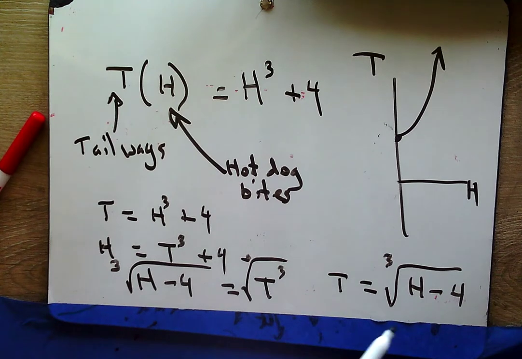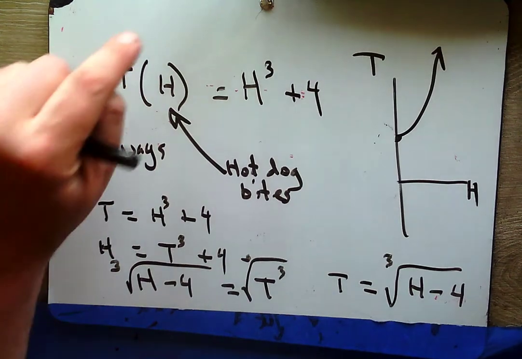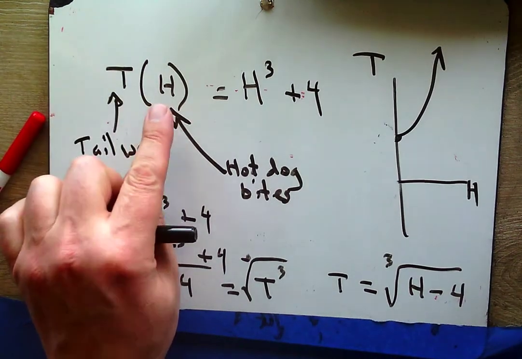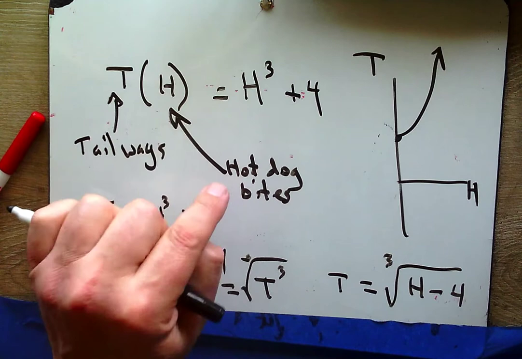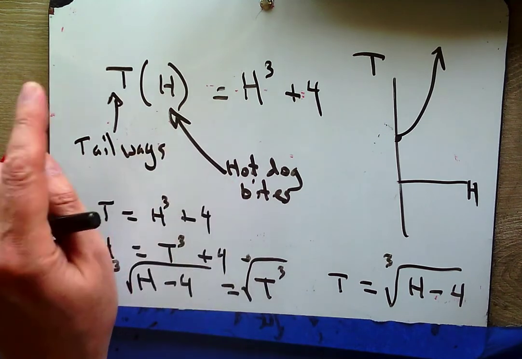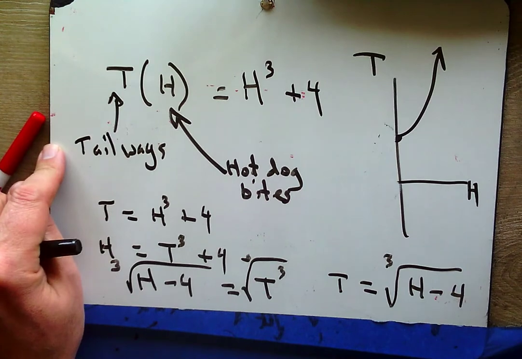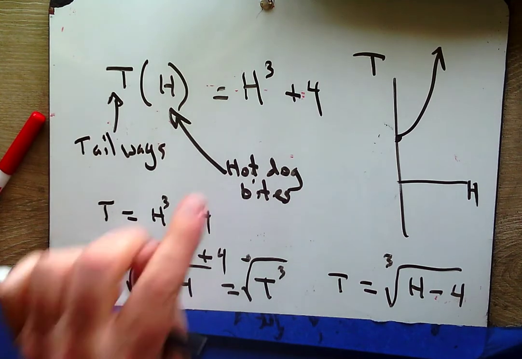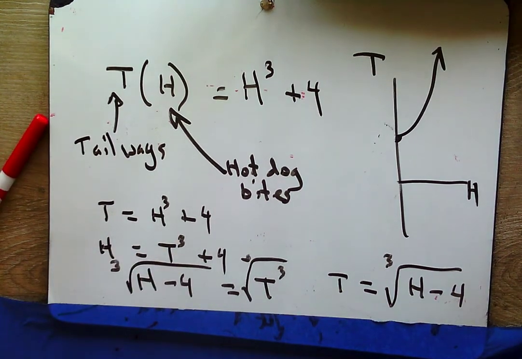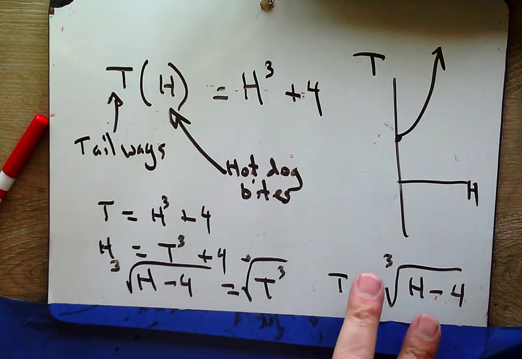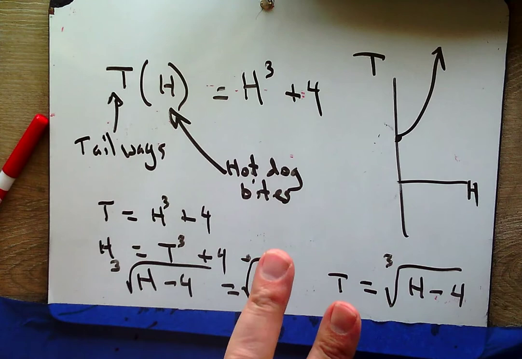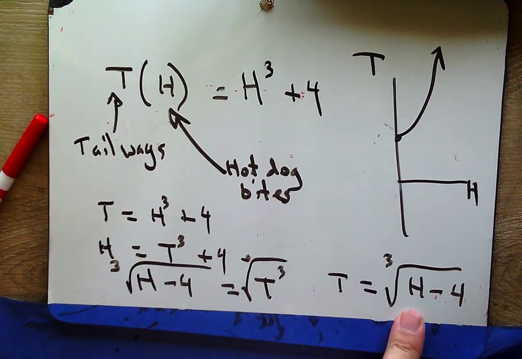And I would argue that this is not at all right. How come? Well, look at our original function. The input to our original function was hot dog bites, and the output was a number of tail wags. So if I wanted to consider an inverse, wouldn't I be, come on.